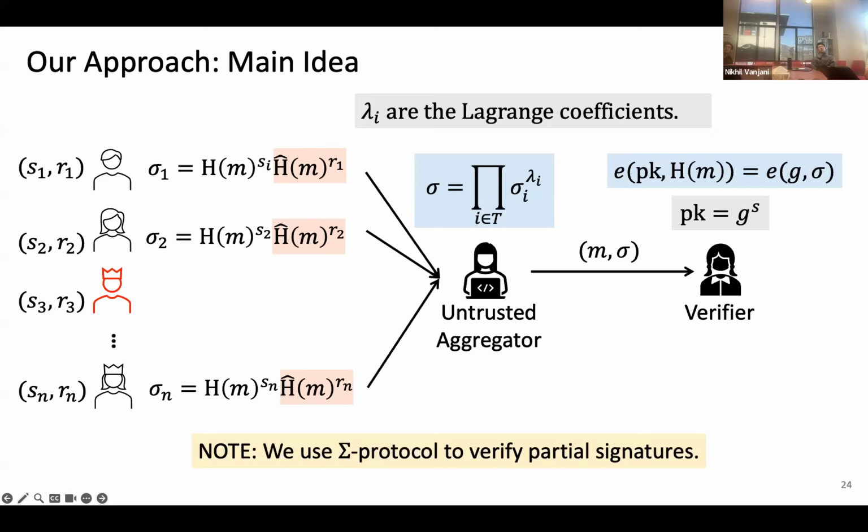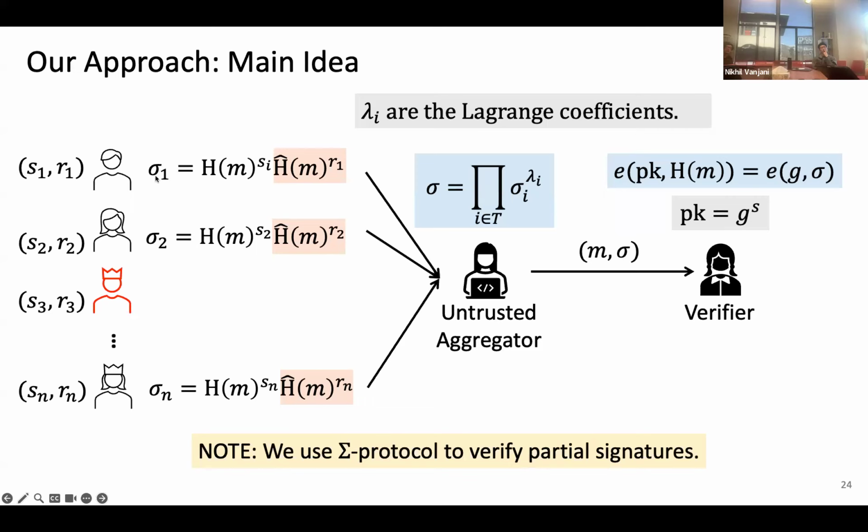Any questions? By verifying a partial signature, you mean the aggregator wants to check whether this partial signature is valid, well formed, before combining. And this is easy in the standard BLS. Yes, easy in the sense that verify only needs to do bilinear pairing operations to verify each of these individually.